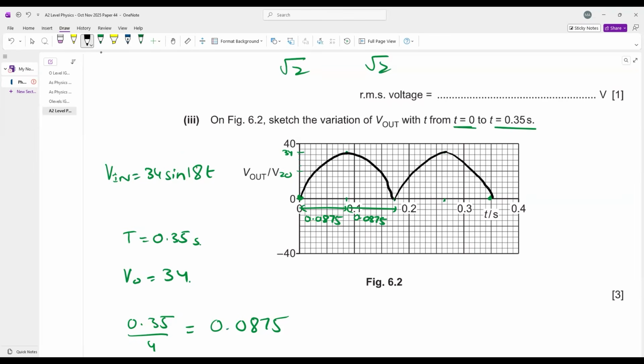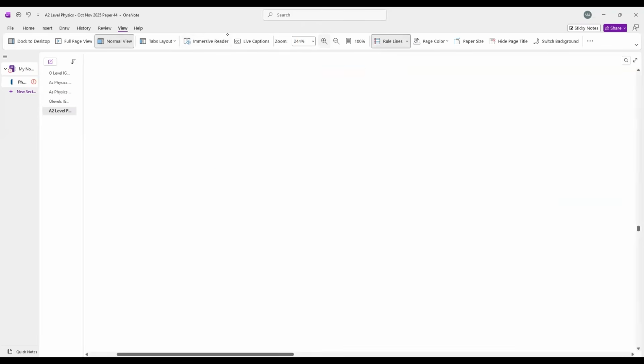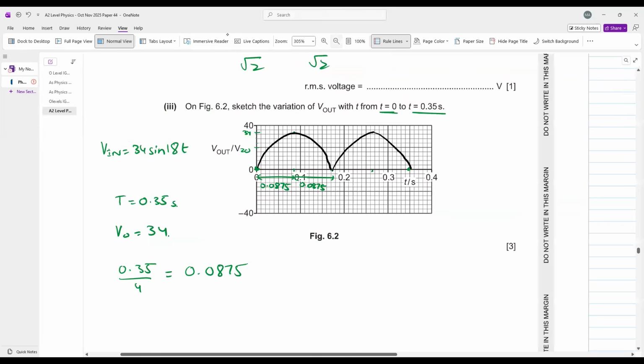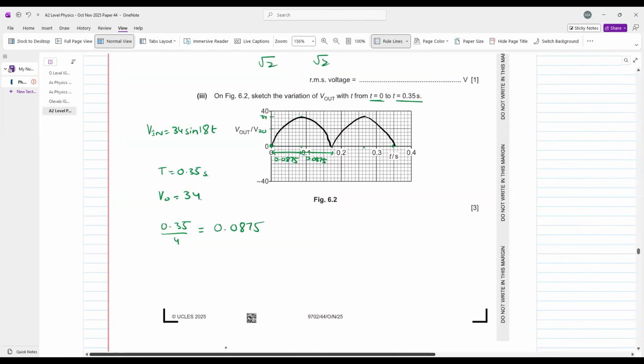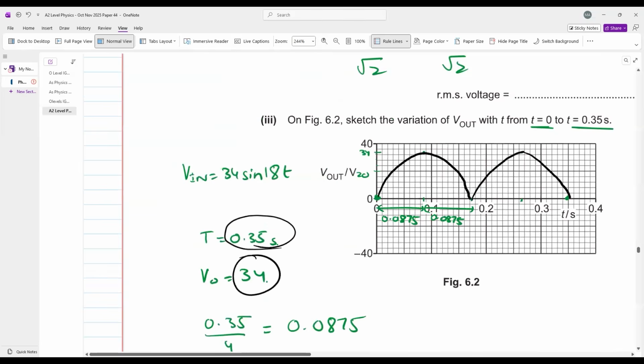बेटा मैंने क्या किया है? First of all, I have identified that output voltage will be only and only positive. Why? Because this is rectification. And the peak value of output voltage will be 34, the same as the input voltage. So I have drawn this graph. Secondly, time period 0.35 था ना, तो I have divided it into 4 equal parts. At t is equals to 0, your voltage is 0.